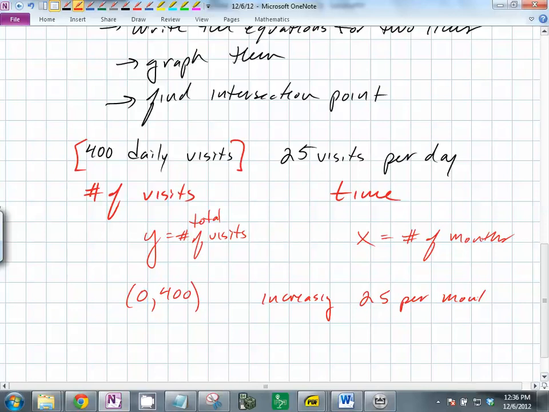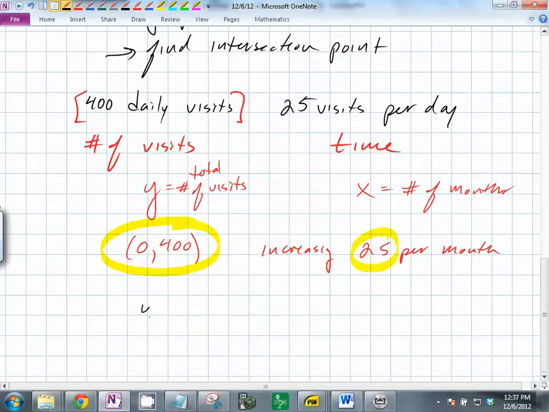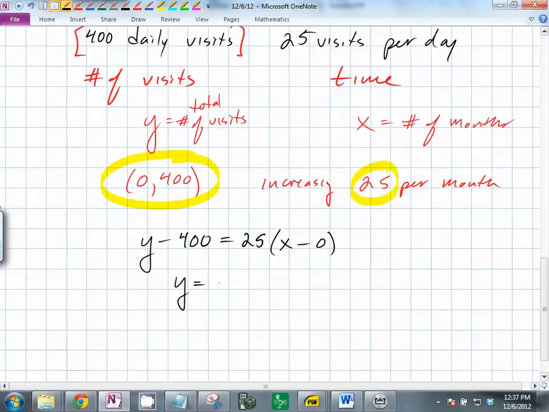A point and a slope. If you have a point and a slope, what could you use? So you could say y minus 400 is equal to 25 times x minus 0. So what do we have here? y is equal to 25x plus what?